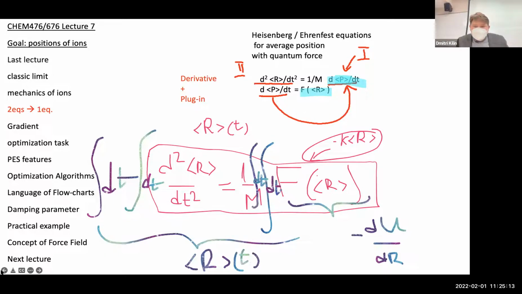Hanmant, middle, Sayed, Amir, Sarah. Okay. Let me try Amir. Please, I think we can spend a few minutes. Please unmute your microphone and just briefly tell how you are typically solving Newton's equation of motion.